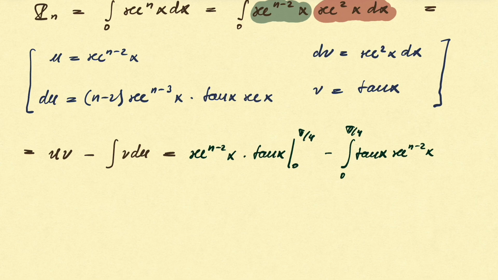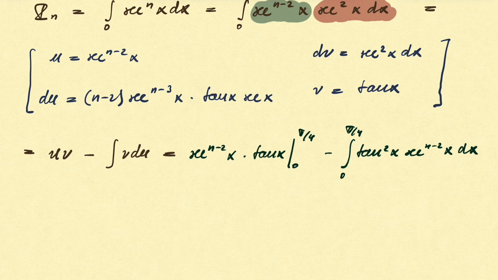And being attentive, we see that we also have tangent here. So let's just write it directly, that we have tangent squared of x secant to the n minus 2 of x dx, not forgetting about n minus 2.